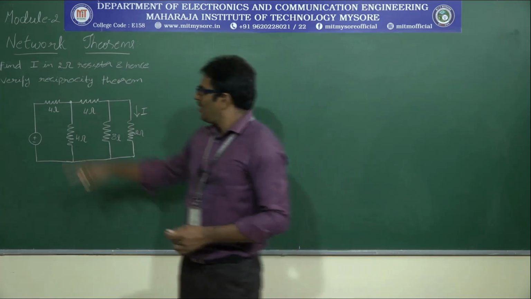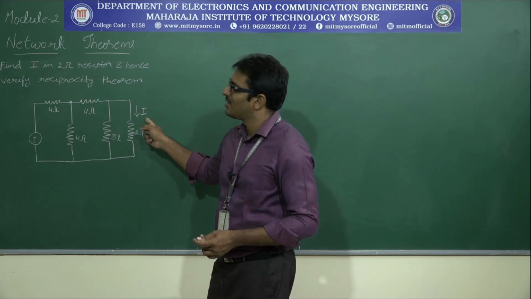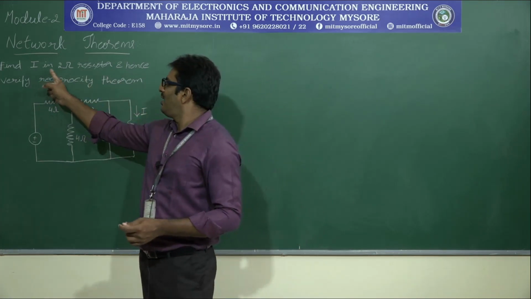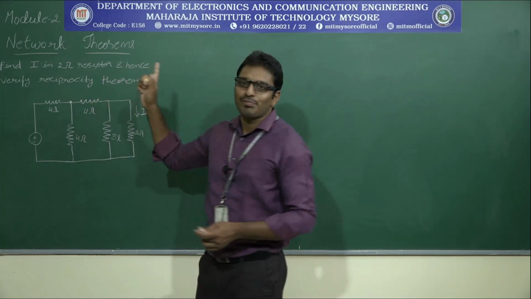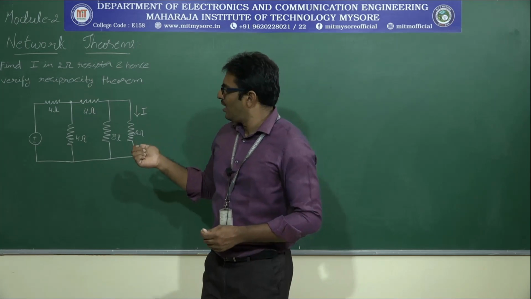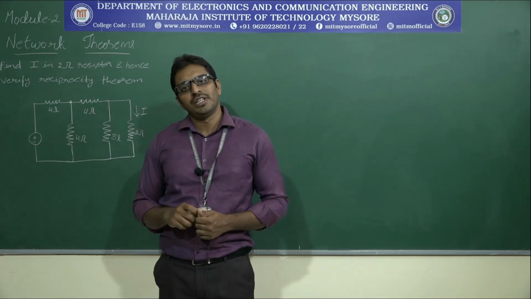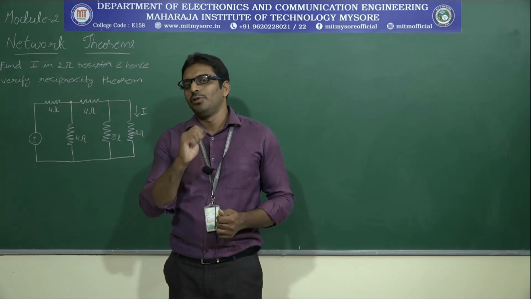See the question, find I. Where is I? The current through the 2 ohm resistor is I. Find I in the 2 ohm resistor and hence verify the reciprocity theorem. While solving any reciprocity related problem, we need to solve the same problem 2 times.